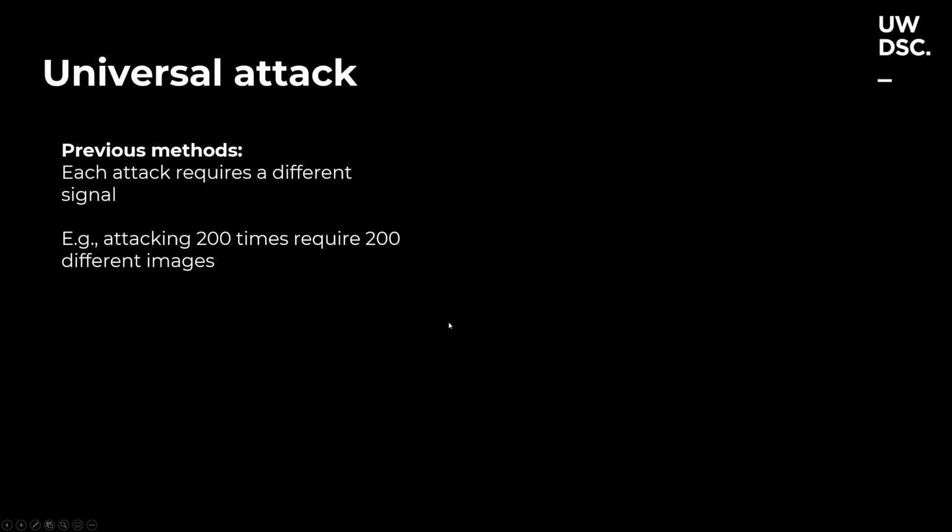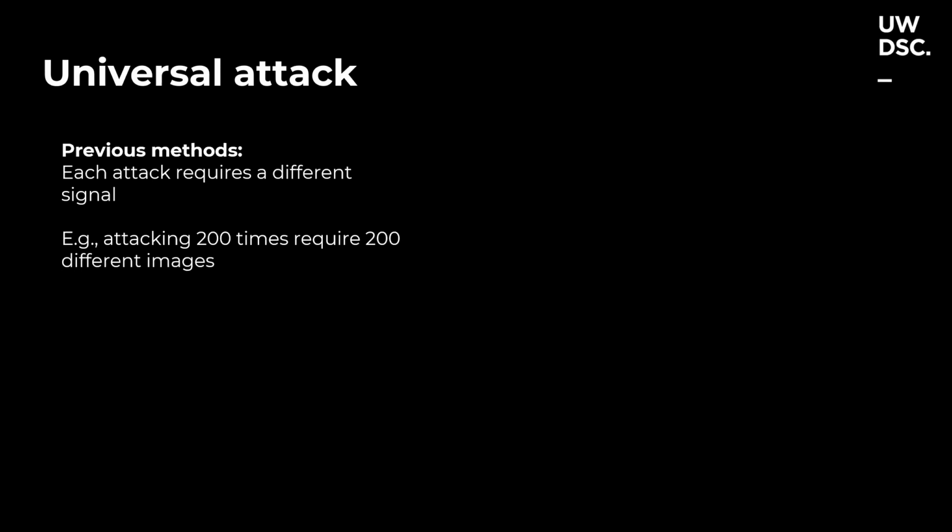The other method is called universal attack. As I mentioned, previous methods require a totally different signal for each image. For example, if we have 200 images and we want to facilitate 200 attacks, then we would require 200 different signals, and thus we would run the model 200 times.